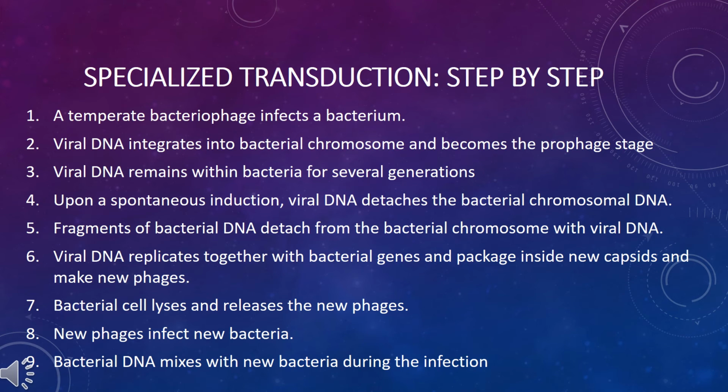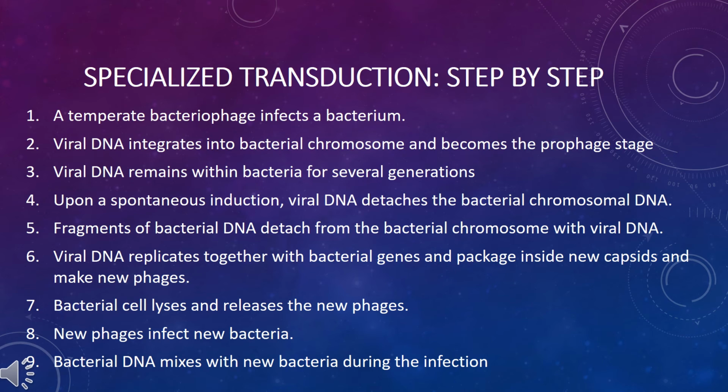To summarize specialized transduction, first, a temperate bacteriophage infects a bacterium. Then viral DNA integrates into the bacterial chromosome and becomes the prophage stage. Then viral DNA remains within bacteria for several generations. Upon a spontaneous induction, viral DNA detaches from the bacterial chromosomal DNA.